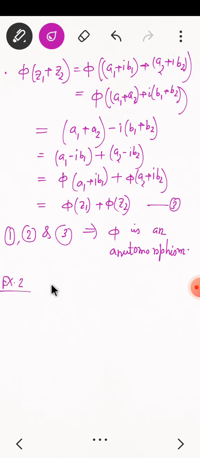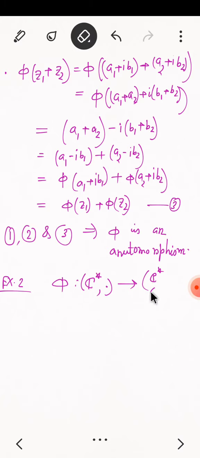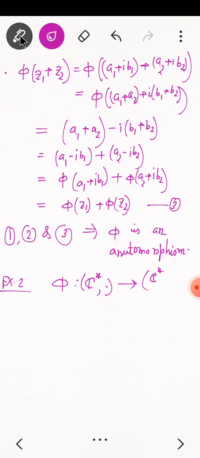Example 2: if we take phi from C star, comma, dot, to C star, comma, dot, where C star equals C minus 0, and dot means complex multiplication.